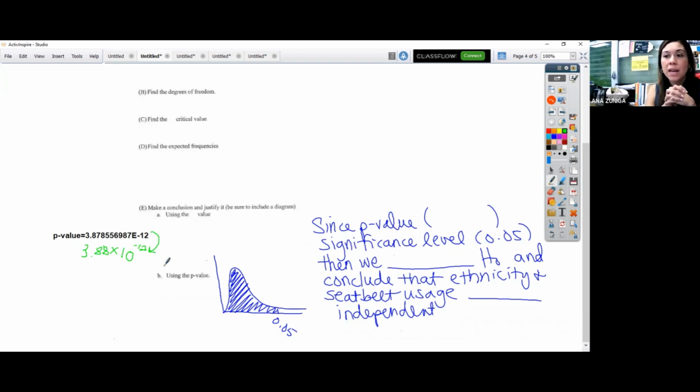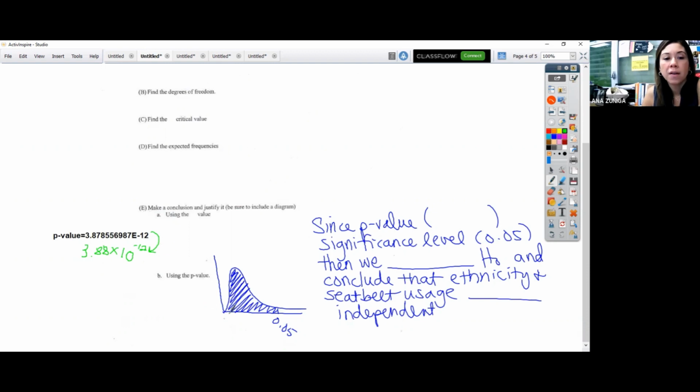When you have 3.88 times 10 to the -12, that means you would take the decimal point after the 3 and move it to the left 12 times. So basically this would be 0.000000000388. That number is tiny, tiny, okay?